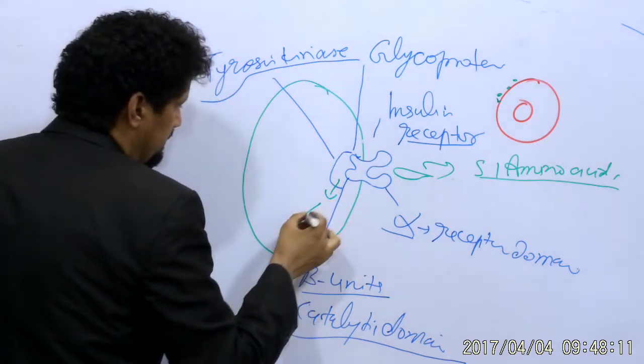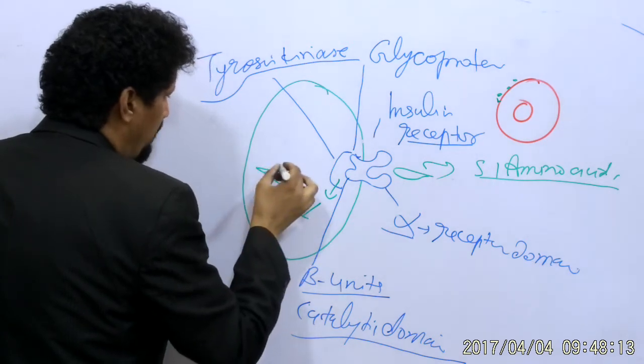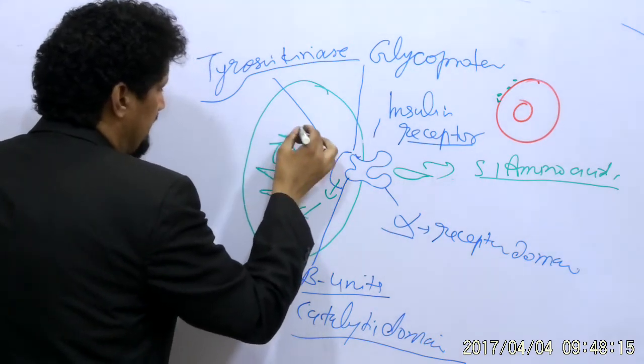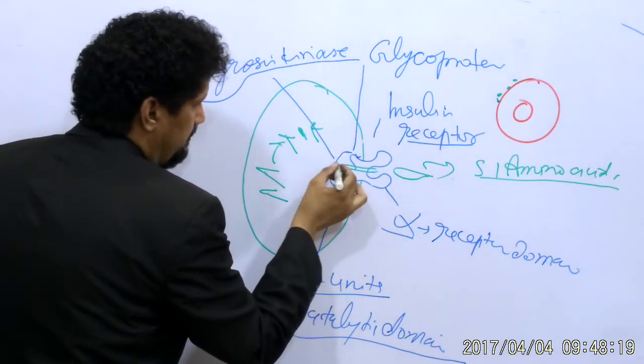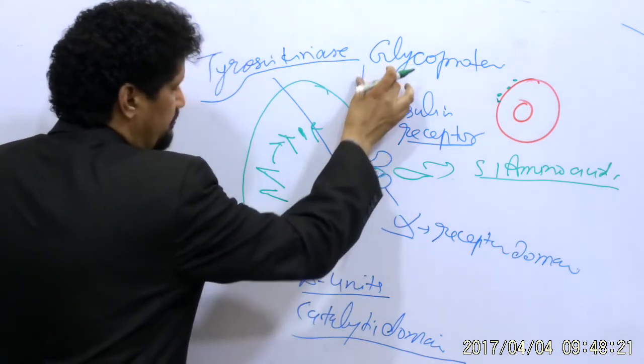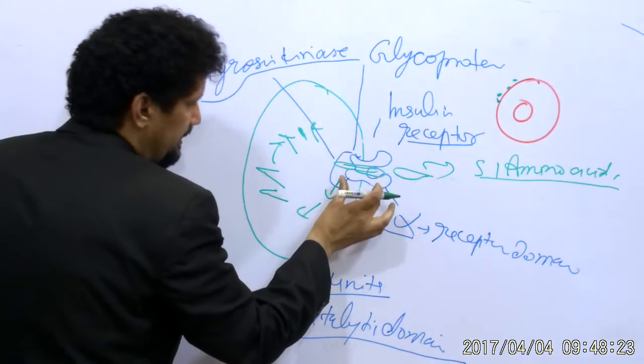There is a cascade of events inside the cell, and it will lead to the opening of this glycoprotein molecule, the insulin receptor.